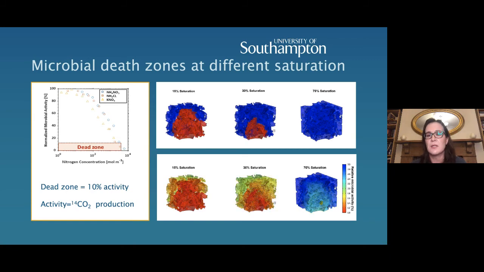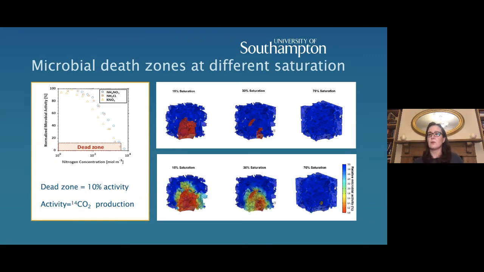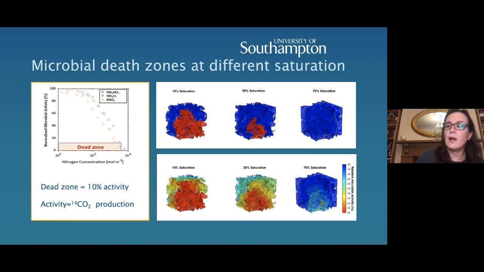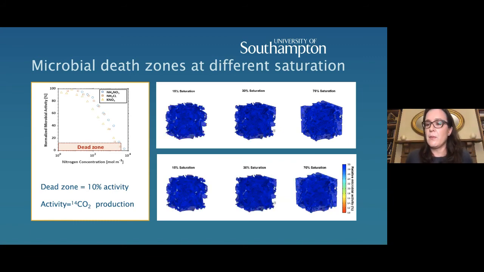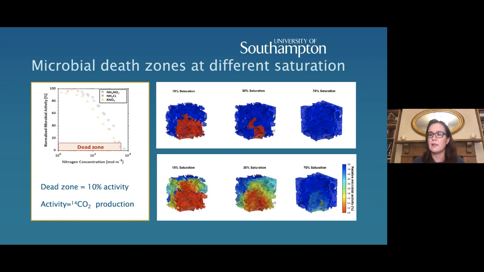And the size of the death zone is heavily dependent on soil water status. At high levels of water saturation in the soil, the death zone doesn't really occur, although you get a reduction in microbial activity, because salts are not accumulating in the soil pore space, they get diluted.